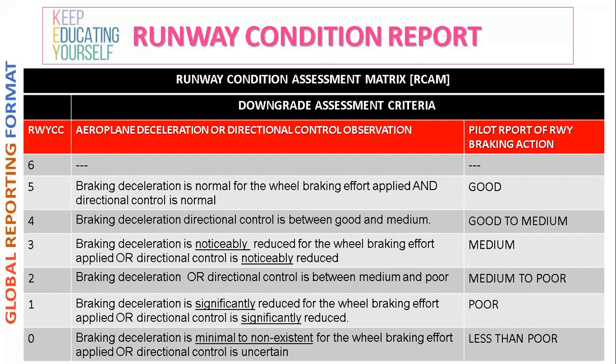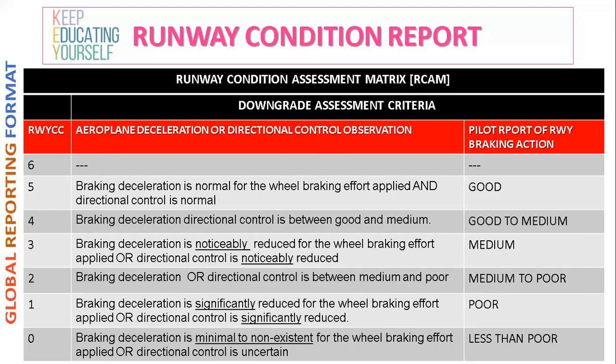We have reported medium, the pilot is not agreeing to it. So it means there is a need for a new runway condition report. You have to go for assessment again, because he's the user. If the pilot is saying that braking action is not as good as reported, it means there is some change in the condition and we have to assess it again.